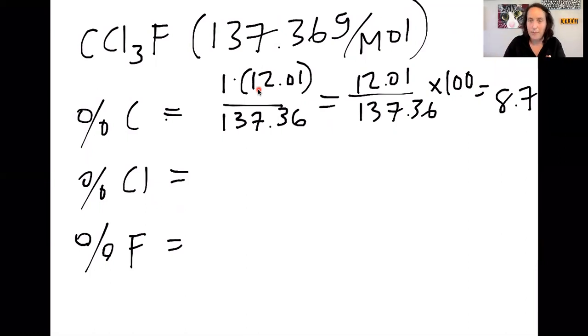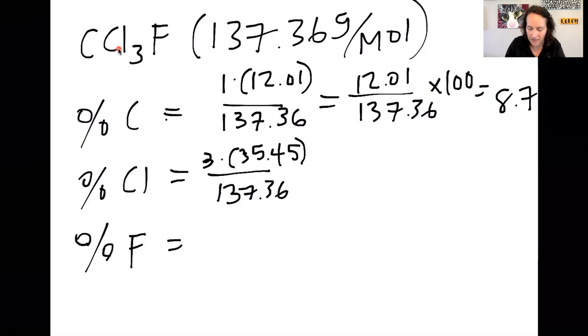So percent chlorine, remember, it's going to be the fraction of chlorine. So how much chlorine out of the total, and then remember, the total again is 137.36. And the fraction of chlorine, how much chlorine was in here? 3 atoms, and they were 35.45 grams per mole apiece. So 3 times 35.45.